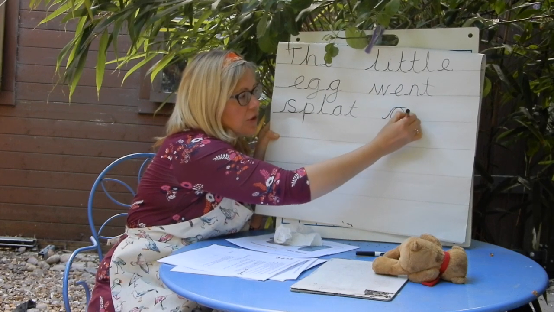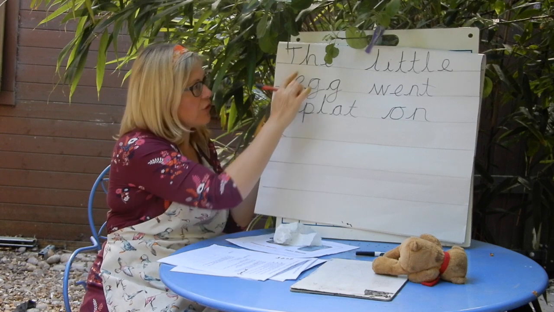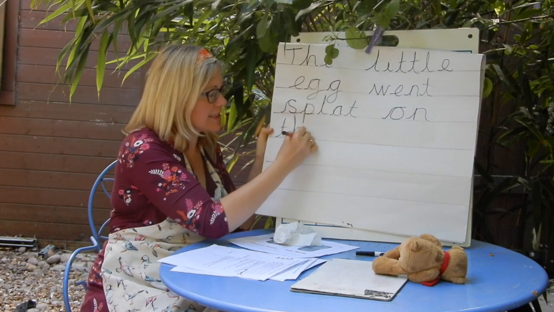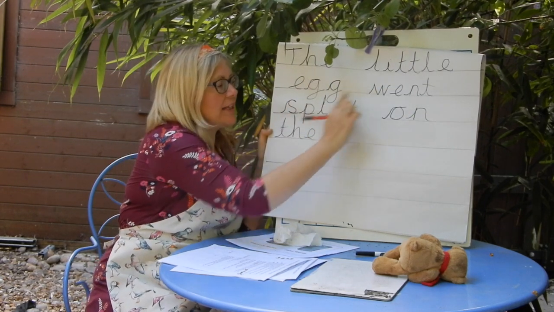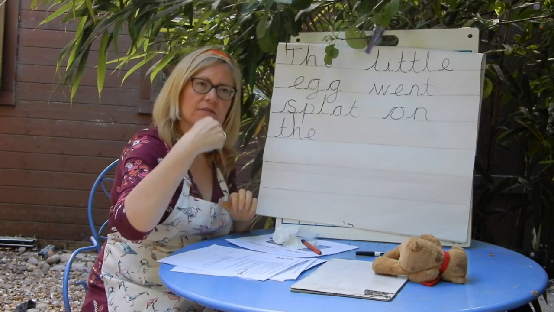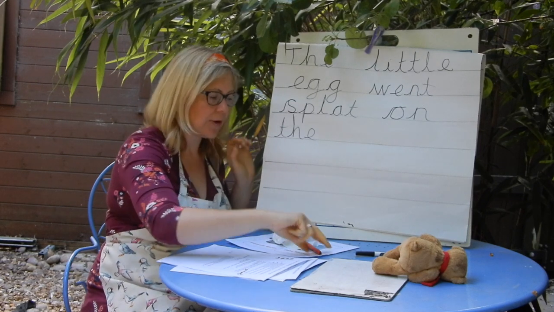On. We've already written the up here, but don't use a capital letter again. It's not the beginning of the sentence anymore. It's in the middle of the sentence. The little egg went splat on the road. How many sounds? R-OA-D. Three sounds.